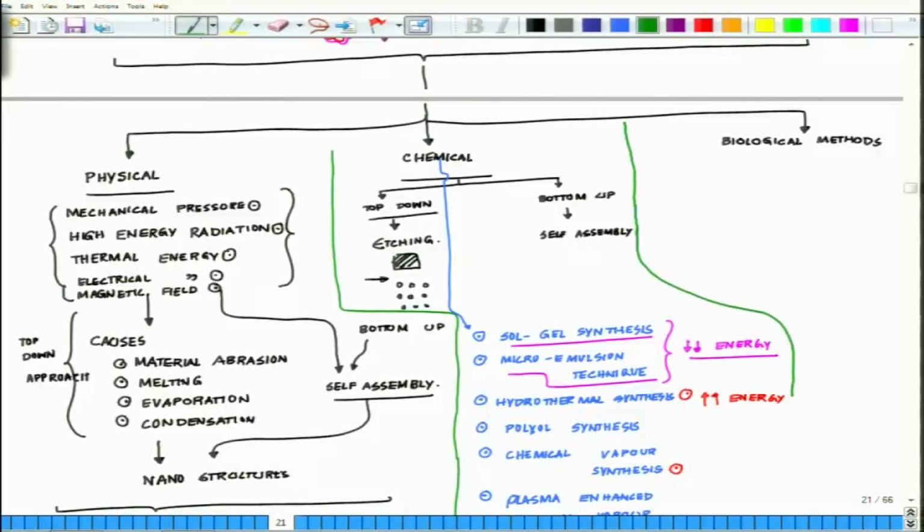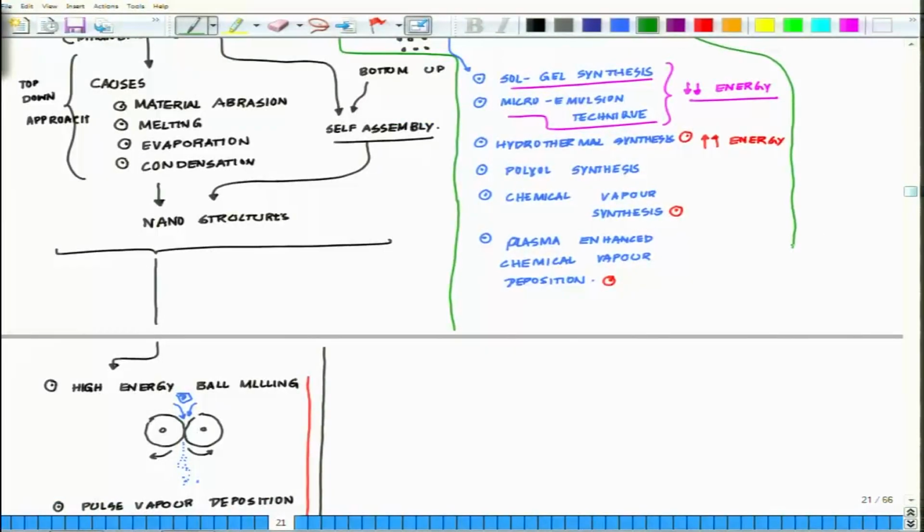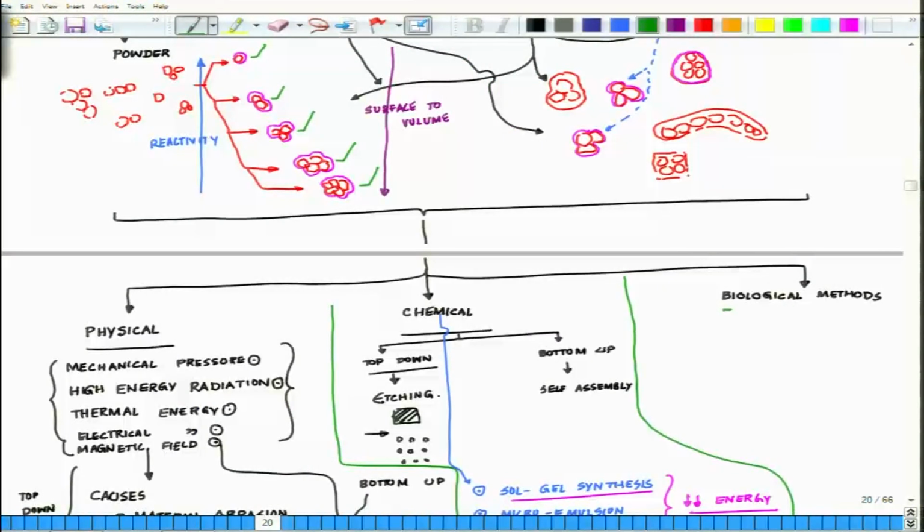Now from here we'll move on to the biological route. When we talk about the biological route, why is it so critical that we understand it?